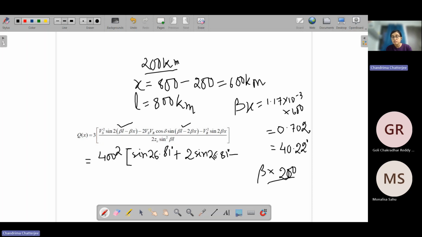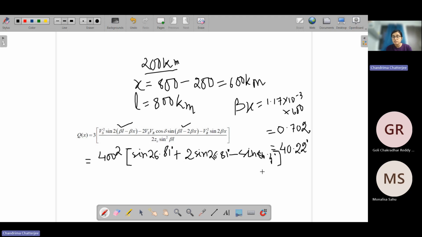Then minus 2 beta x. This is sine 80.44. So this is sine 80.4 degree.